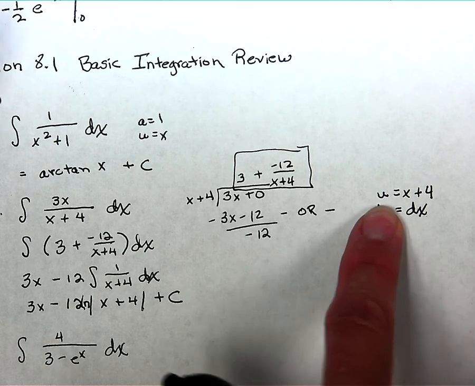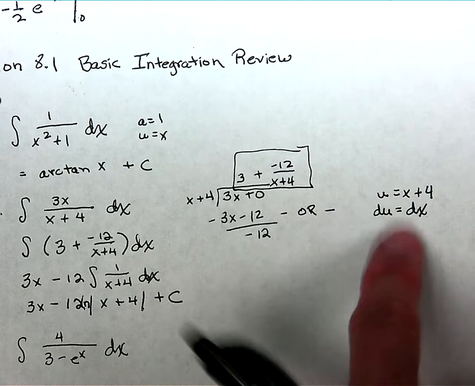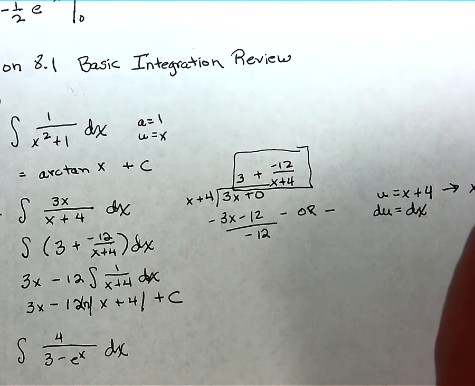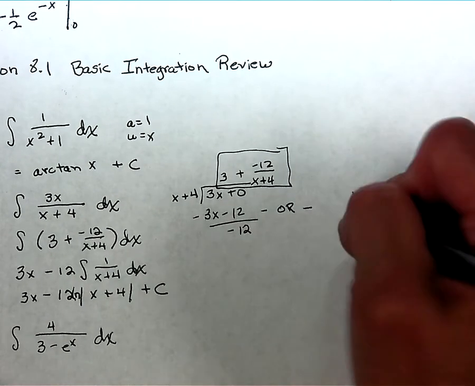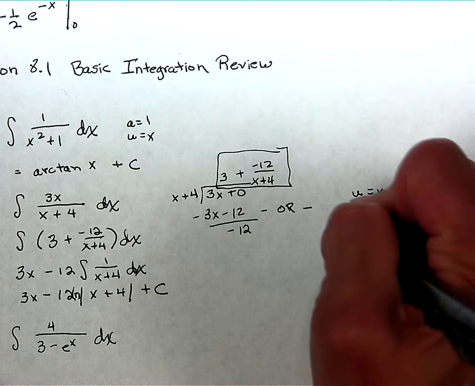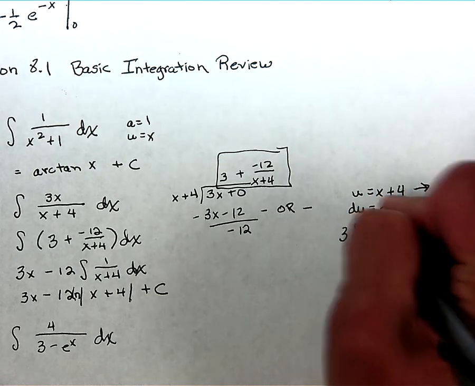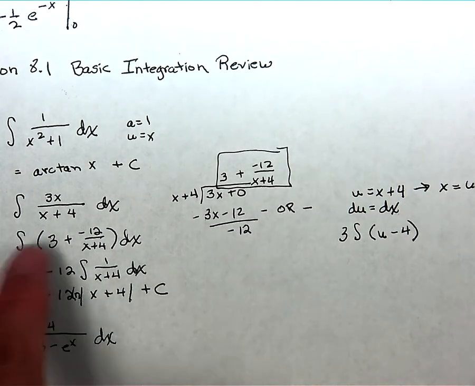u minus 4. If u is x plus 4, then x is u minus 4. And so I could have called that integrand 3, I'm just going to bring 3 out front, 3 times u minus 4 for that x, and then what for x plus 4 in the denominator?